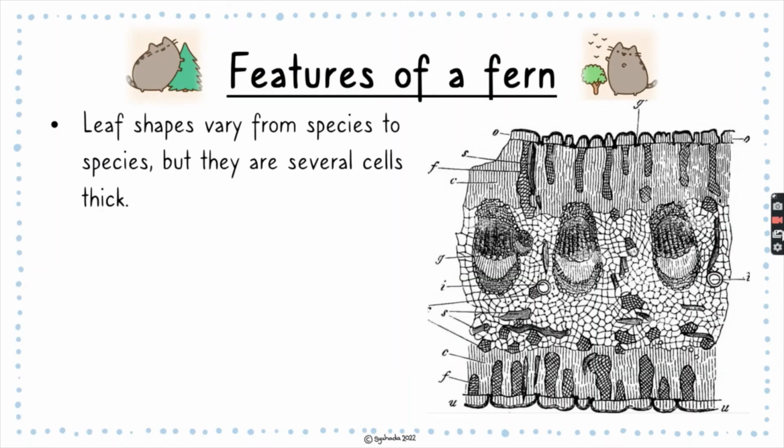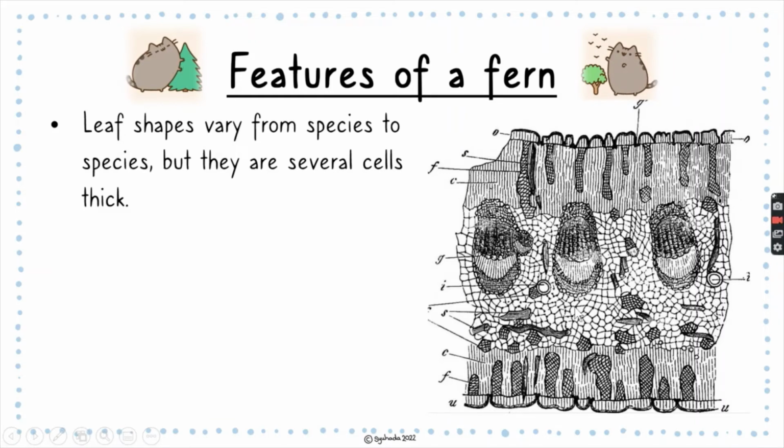Some of the features of ferns is that the leaf shapes do vary from species to species, but they are several cells thick. And when we talk about several cells and types of cells that work together for a function, remember that means tissue. So they have different layers of tissue. And you can see here, this is what we call a cross-section of a drawing of the leaf plant.